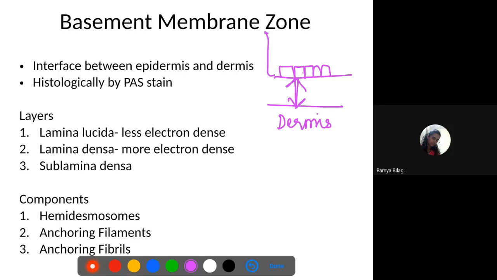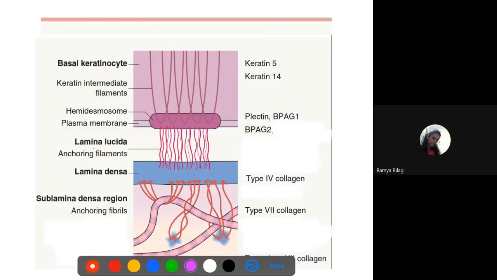We have three layers of the basement membrane zone, that is lamina lucida, lamina densa, and sublamina densa. Lamina densa, the name itself suggests it is electron dense. Compared to densa, the lamina lucida layer is less electron dense, and there is the sublamina densa. I'll show it to you in the picture. So this is lamina lucida, lamina densa, and sublamina densa.